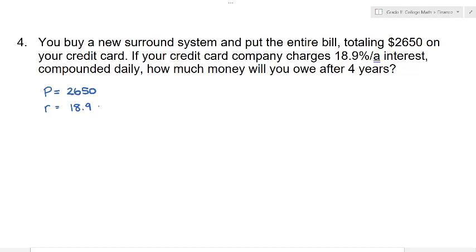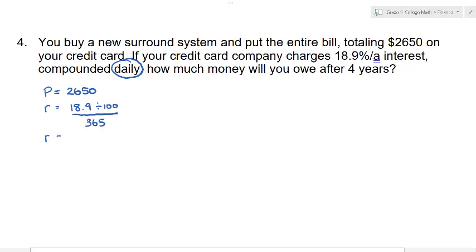To change it into a decimal, I need to divide it by 100. But then I always need to divide it by how many compounding periods there are in a year. So it says it's compounded daily. So I need to divide by how many days there are in a year, which is 365.